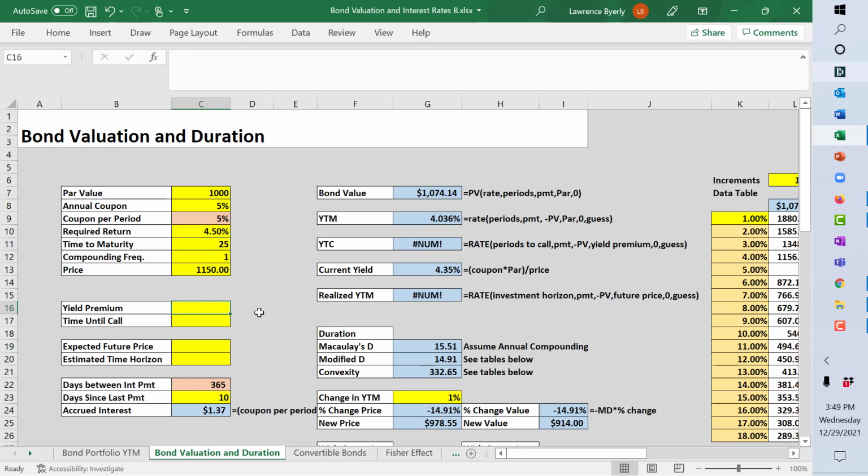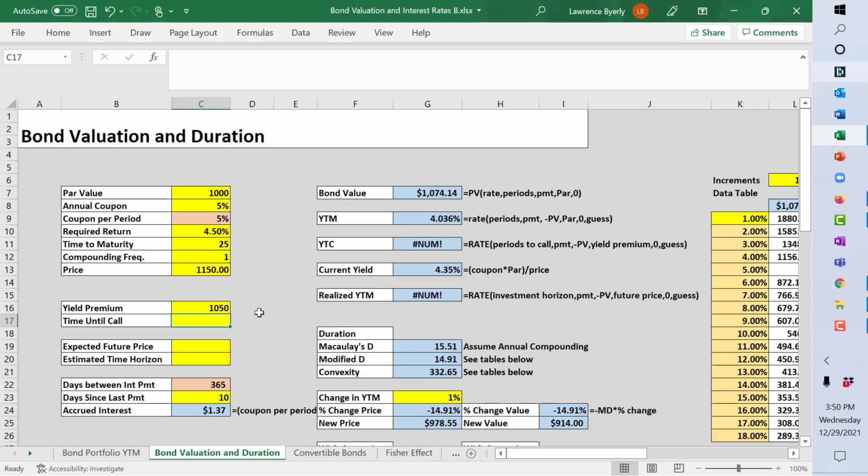So let's say, in this case, that the yield premium is what you'll get paid if they call the debt. So typically it is the par value plus 1 year's interest. So that would be $1,050. $1,050 is the yield premium. Now you'll be told what this is.